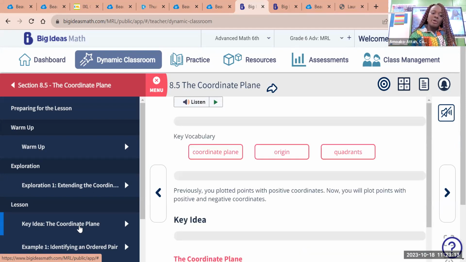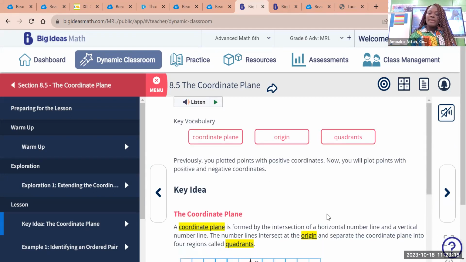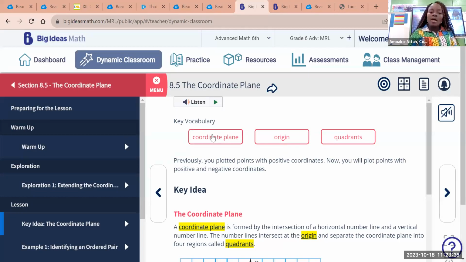So now let's take a quick review of the key ideas in our standard. We are going to look at what a coordinate plane is, what the origin is. I hope I'm sharing my screen. Let me stop sharing and share it again and make sure I'm sharing it. All right, so we have the coordinate plane, we have the origin, and we have quadrants.